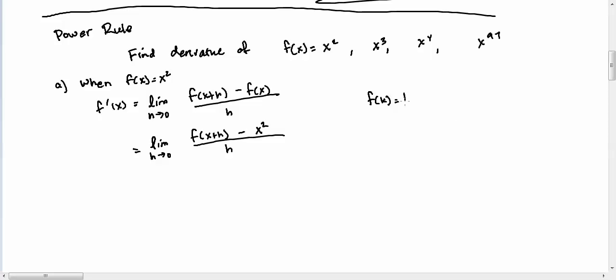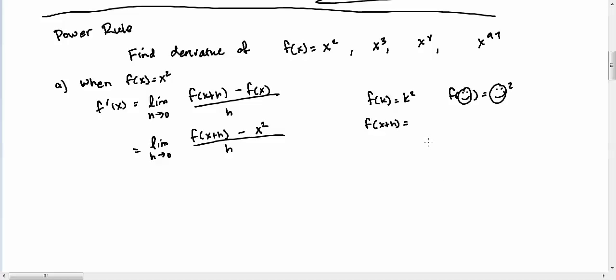K squared. Perfect. What is f of happy face? Happy face squared. Exactly. What is f of x plus h?